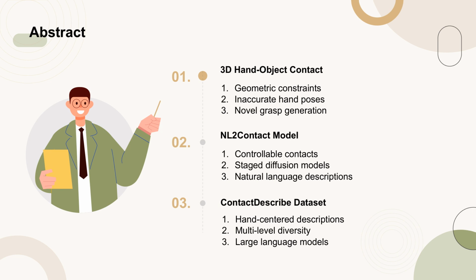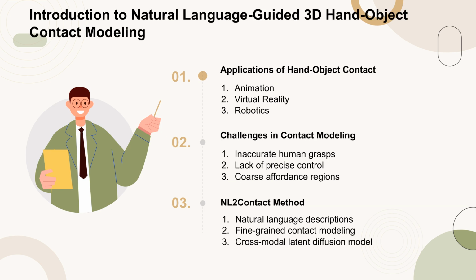The modeling of physical contact between hands and objects is crucial for various applications including animation, virtual reality, and robotics. However, conventional methods often fail to accurately model human grasps, leading to unrealistic interactions. This paper introduces NL2Contact, a novel approach that uses natural language descriptions to guide the modeling of 3D hand-object contacts.